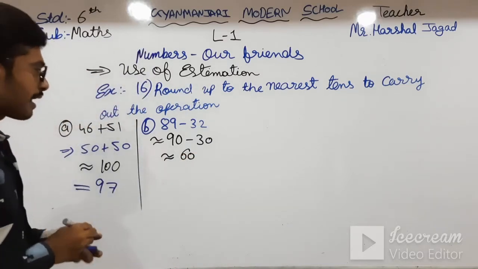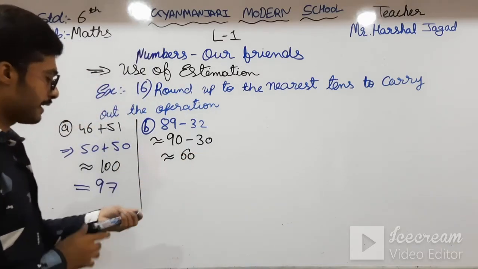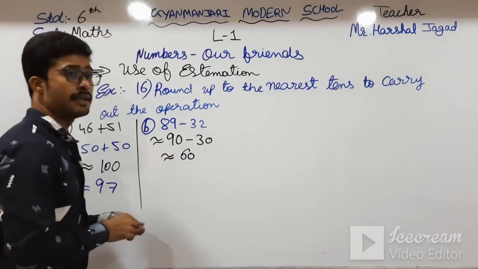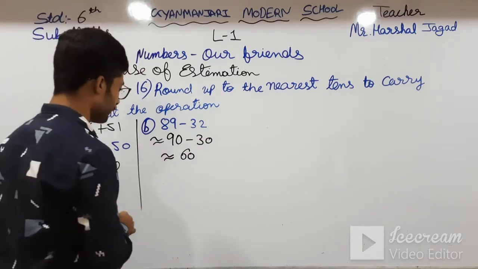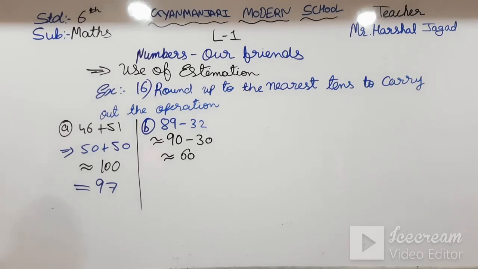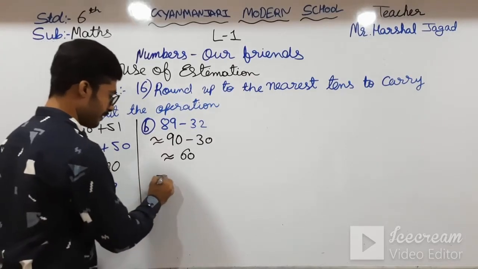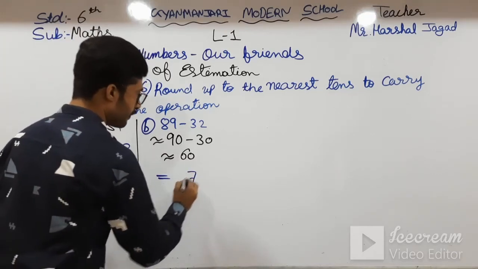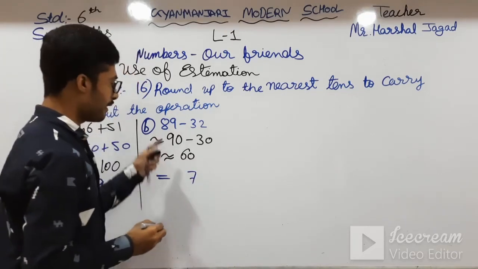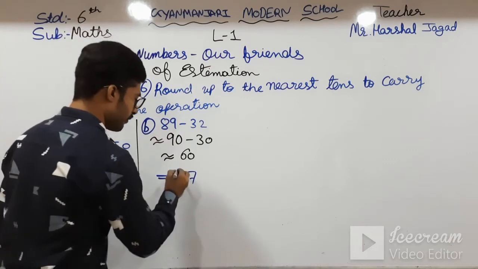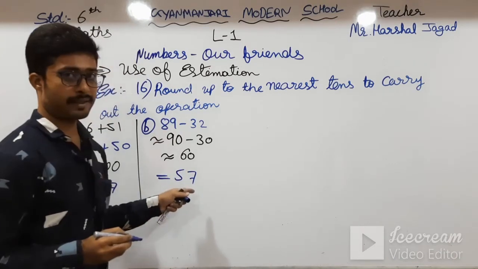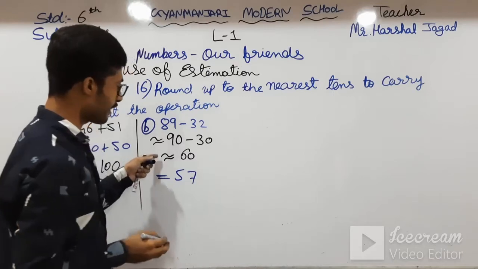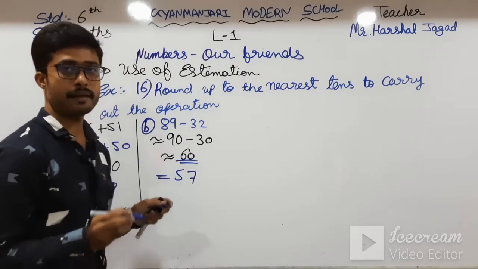Okay students, approximate answer is 60. What will be the original answer? Can anyone tell me? That is 9 minus 2, 7, and 8 minus 3, 5. The original perfect answer is 57, but we can write this as an approximate answer.